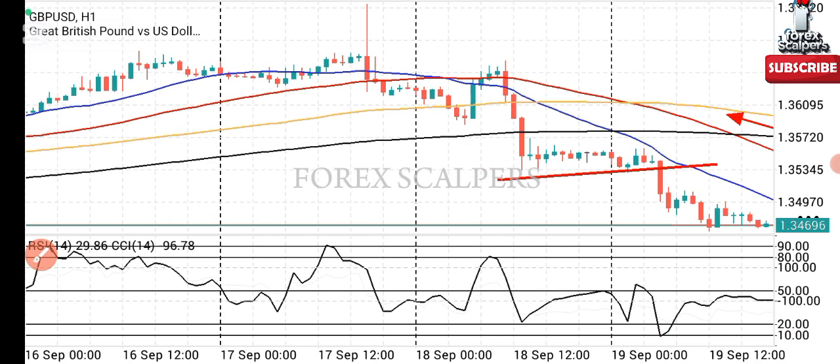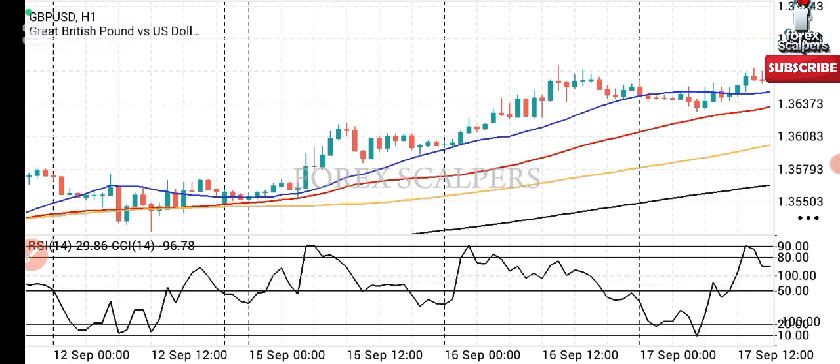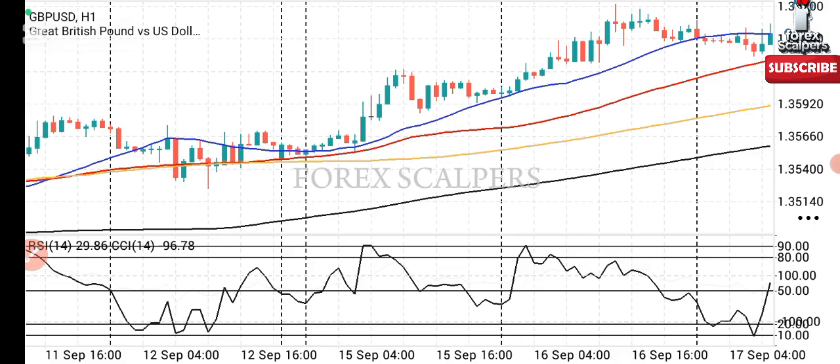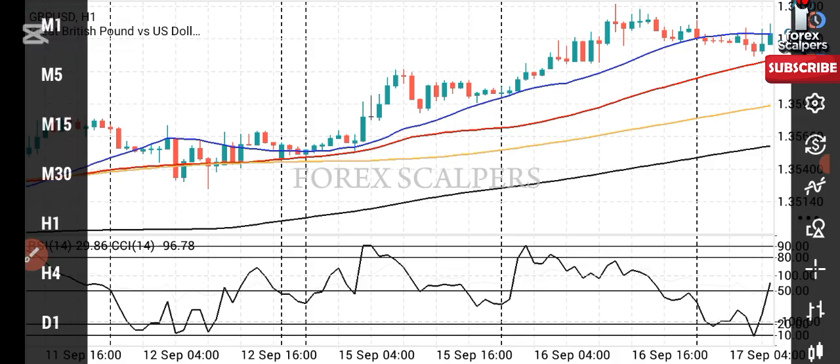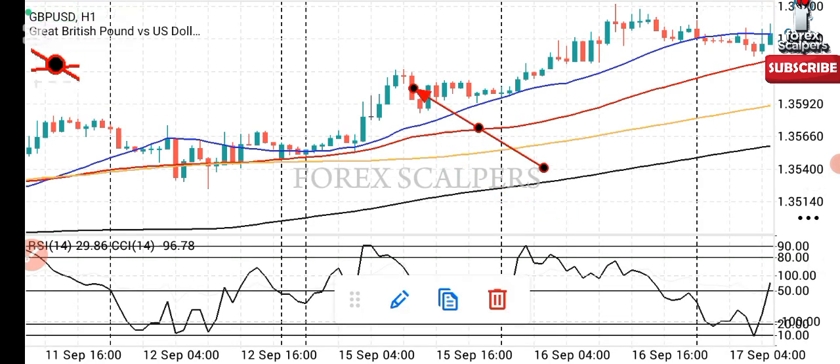Remember, trading this strategy is most effective when you apply it on the 1 hour time frame. Please always apply this on the 1 hour time frame. Again, look at this movement. After this impulsive movement, you see this pullback of price, and then we come to this 20 moving average, we have this bullish candle, right?